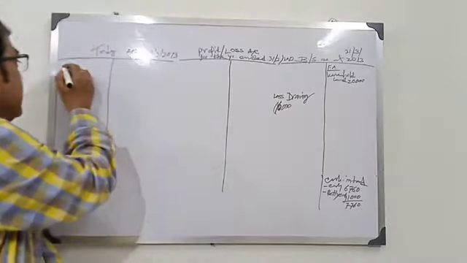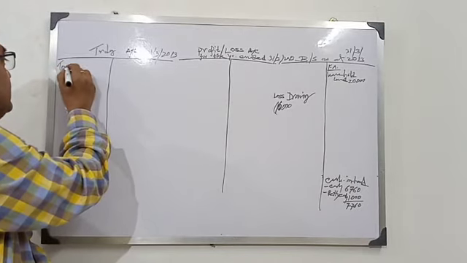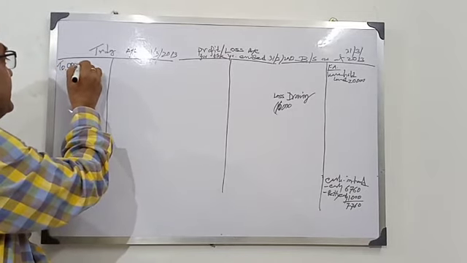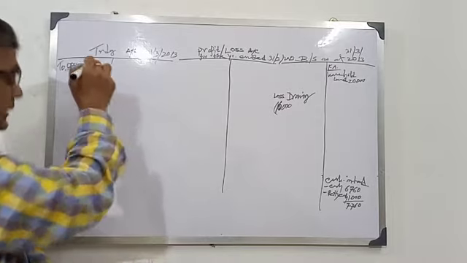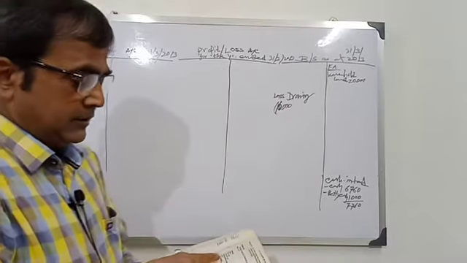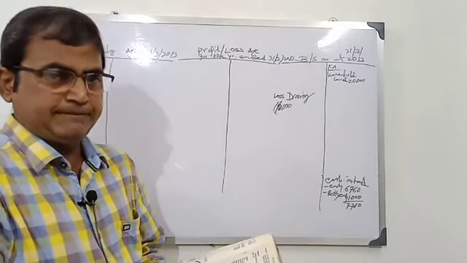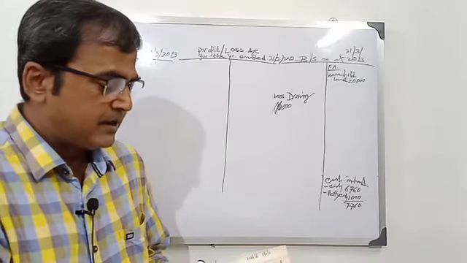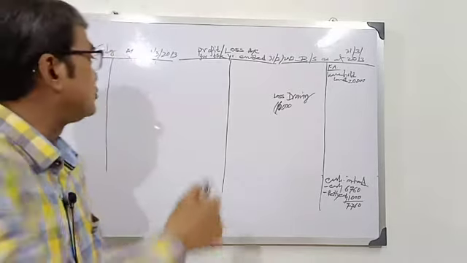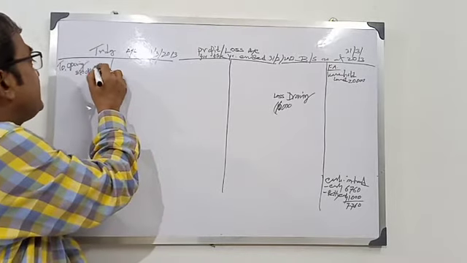So here in the trading account, to opening stock, cost price is 53,000, but in the debit column 50,000 is written, so I'll write 50,000 here.